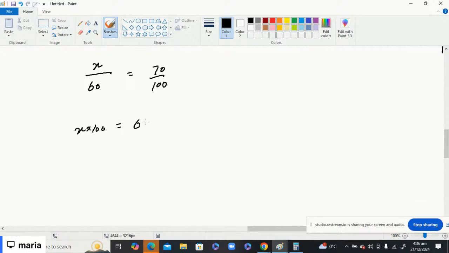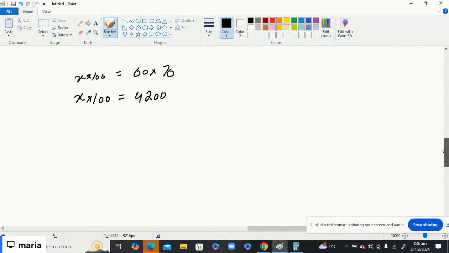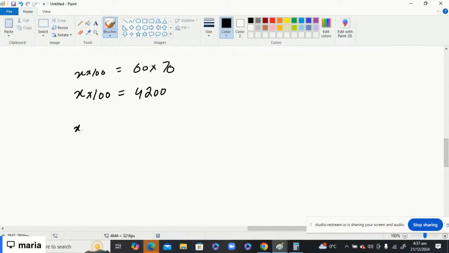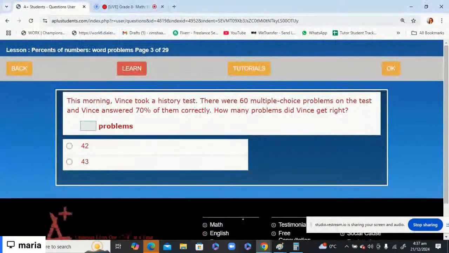X times 100, then multiply these two, okay? That is 4200. So the part is 42.